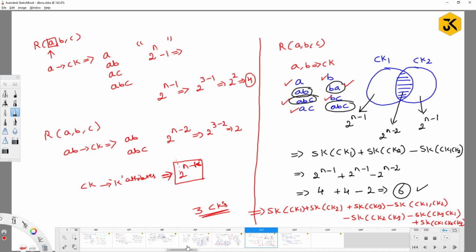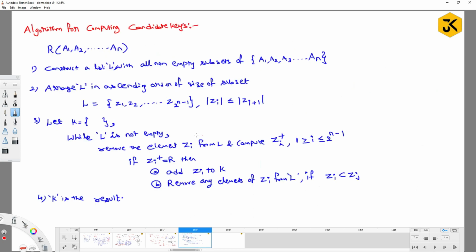So if you write the same procedure we did so far as an algorithm, how does it look? This is the algorithm meant for computing the candidate keys, right? First, we have a relation R. That relation R contains the attributes A1, A2 and so on up to AN.